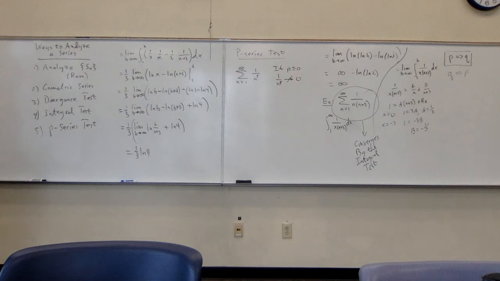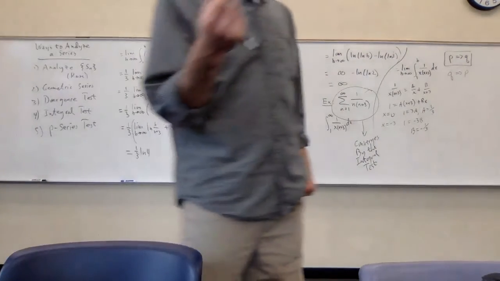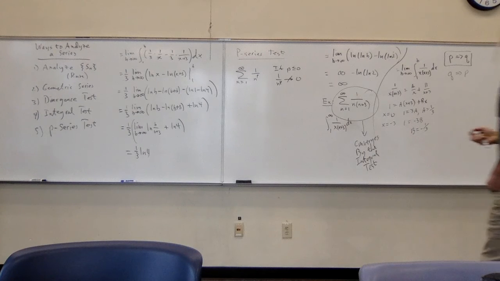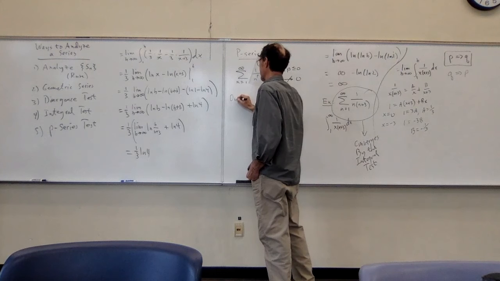For example, if P is -2, then 1 over N to the -2 is like N squared, and those go screaming off to infinity, which is not 0. So this is only interesting if P is a positive number.